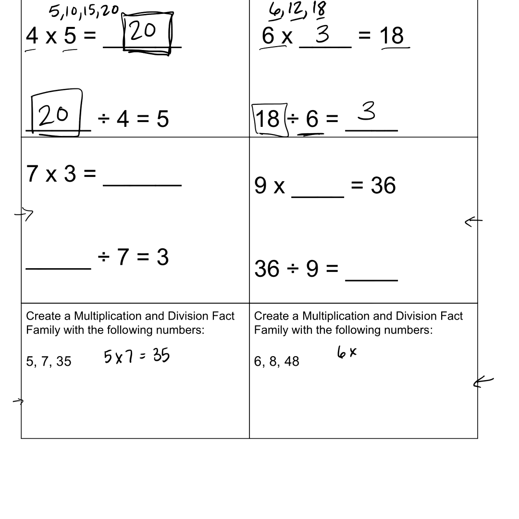And then you're going to do 6 times 8 equals 48. So you should have 3 more math sentences: another multiplication sentence, and then 2 division sentences. And the same thing over there.